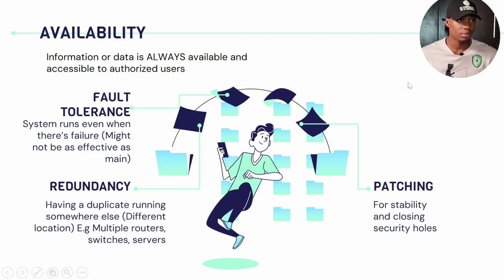And the last one for availability is patching. So patching is really important for closing security holes. Patching is just like your clothes: if your clothes should tear, and you don't patch it or sew it, it expands from that place. Okay, so that's what patching is.